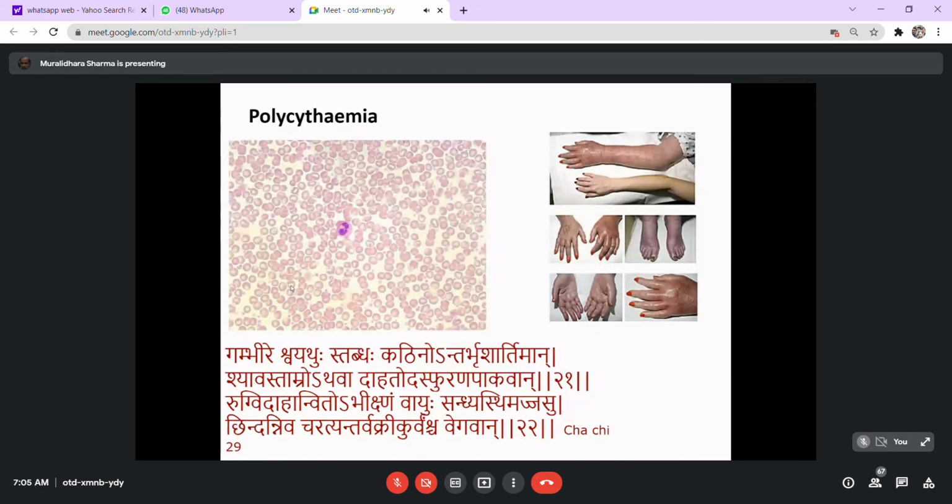As the hemoglobin concentration is increased, as well as the number of RBCs, the viscosity of the blood will be more. The blood becomes thicker, and hence there is a tendency for clotting. So polycythemia is identified clinically by the clinical signs of clotting anywhere. It could be clotting in the periphery, and hence the peripheral vessels may get clotted, and then you will have the features of either venous stasis or arterial insufficiency.